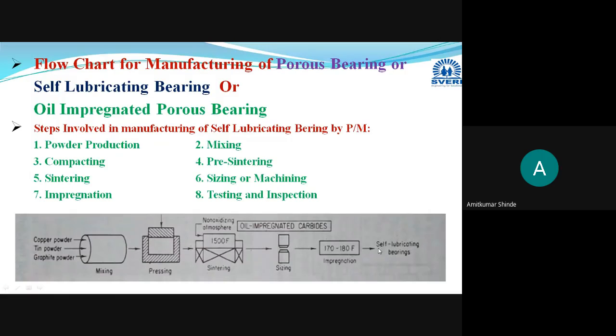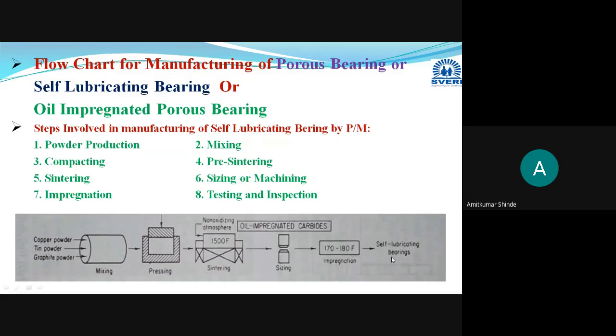That's why these bearings are termed self lubricating bearings, or porous bearings, or, as we have impregnated the oil and filled the pores with oil, they are also known as oil impregnated porous bearings. Okay, because it does not need any further lubricant.